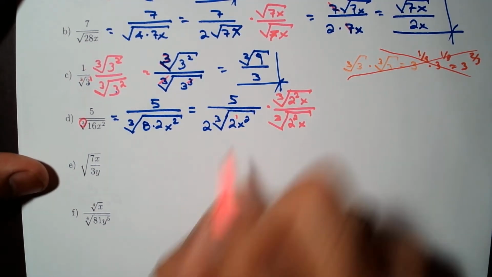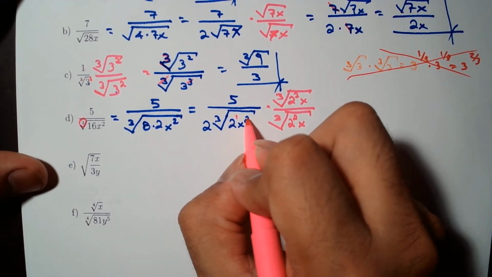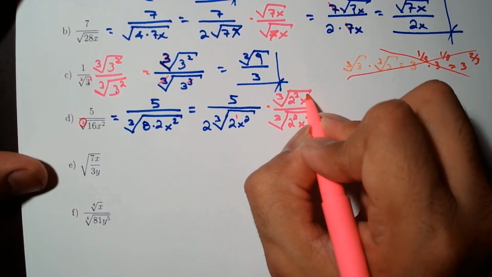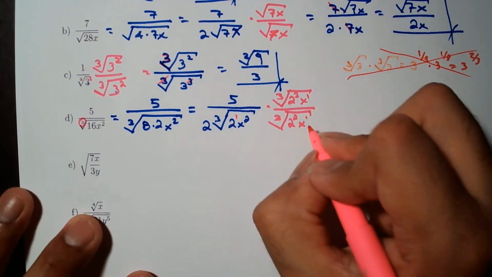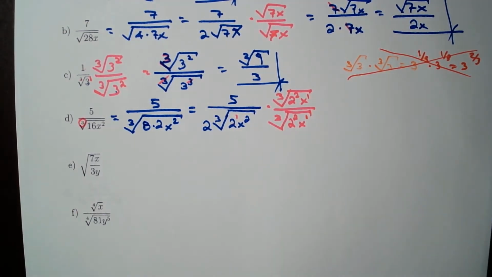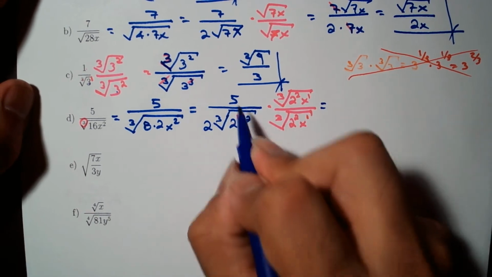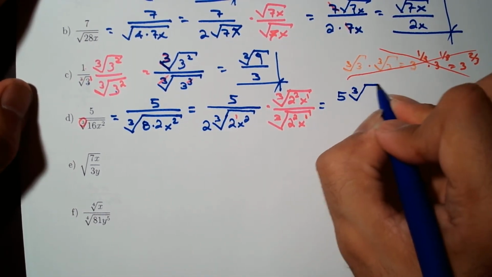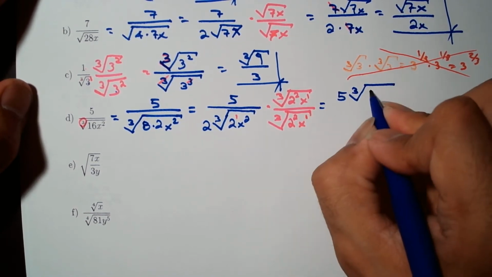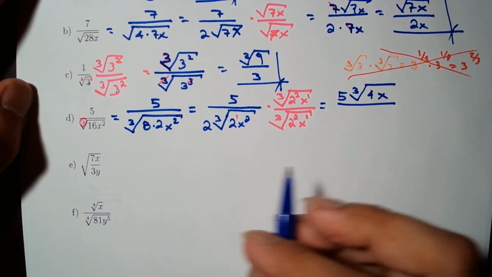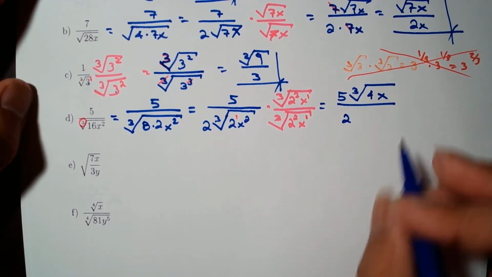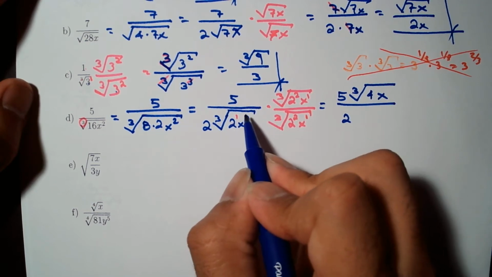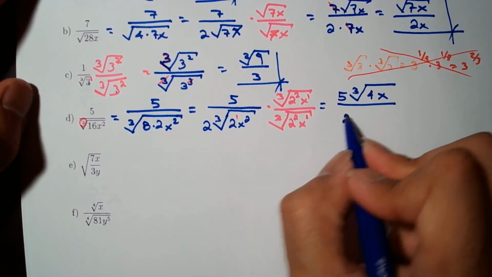Now be careful for the x's, because for the x's I already have 2 out of the 3. That means I only need 1 more. I don't need to write that power 1, but I'm just going to write it just so you can see what we're doing. So I'm going to multiply across. 5 times the radical is 5 times the radical of index 3 times 2 squared, which is 4x. And then 2 in the denominator, and radical times radical with a corresponding power that adds up to 3.